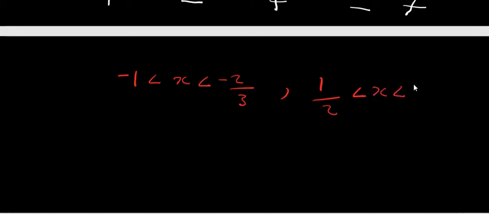Like I have said, my solution set will be -1 < x < -2/3, and my other solution set is 1/2 < x < 1. Right, so this, guys, is the answer for that question.